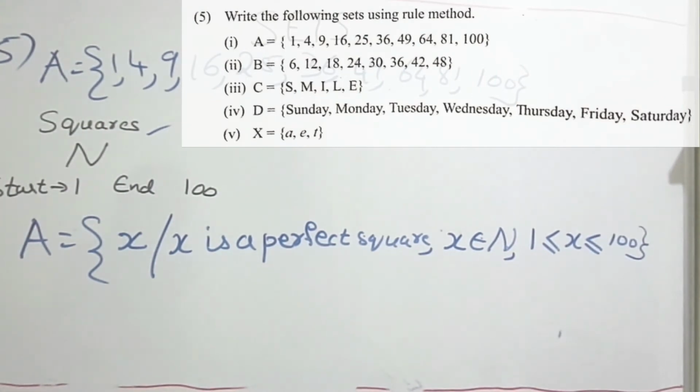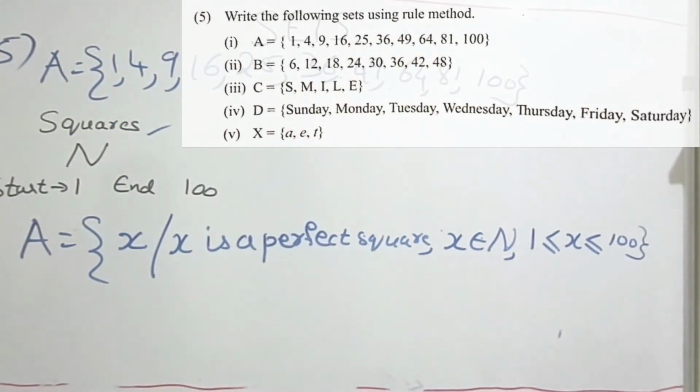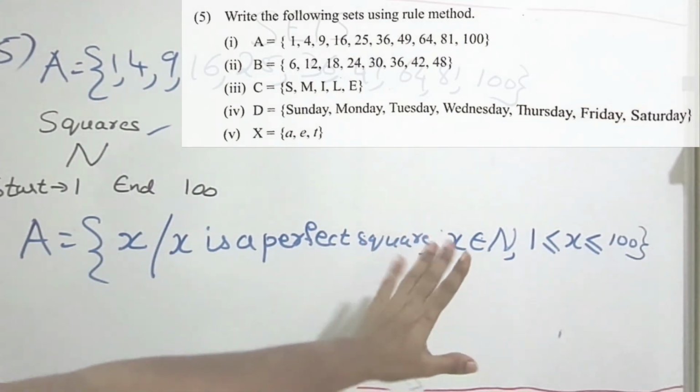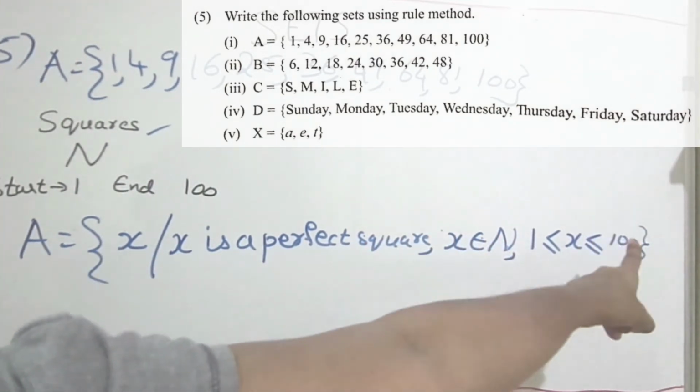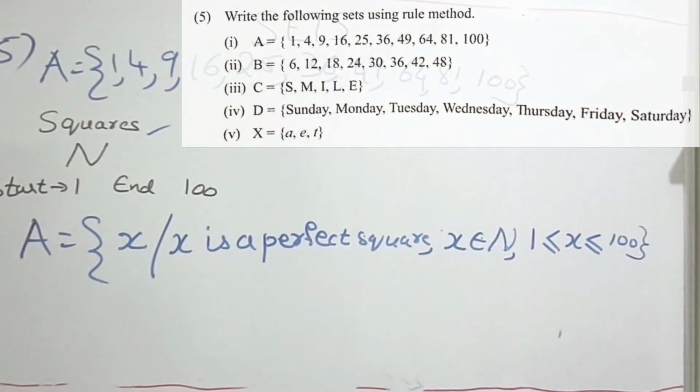Whenever you have doubt, you list it back again and see whether you're getting these numbers. Then you are right. So these are all perfect squares between 1 and 100, and 1 and 100 are also included. When you're listing, you will get the same things. Clear? Let's go to the next one.